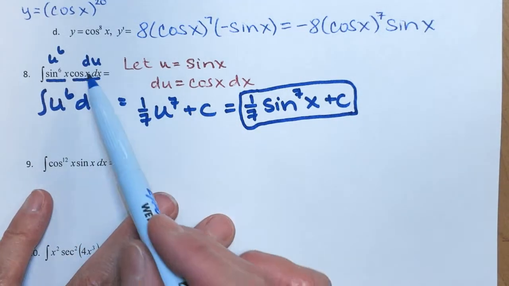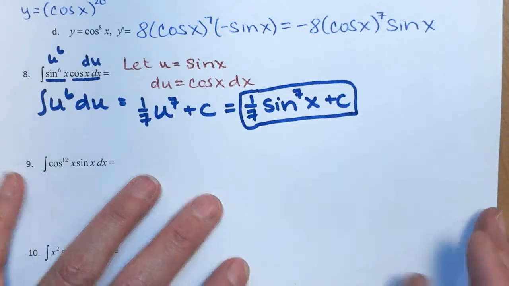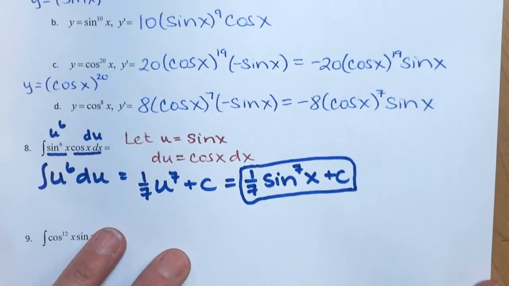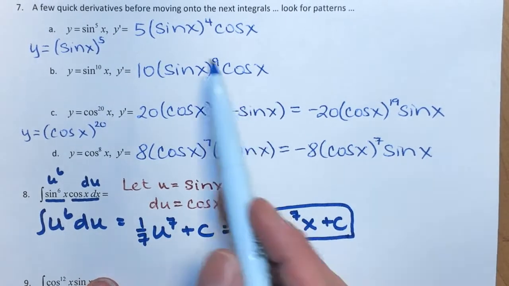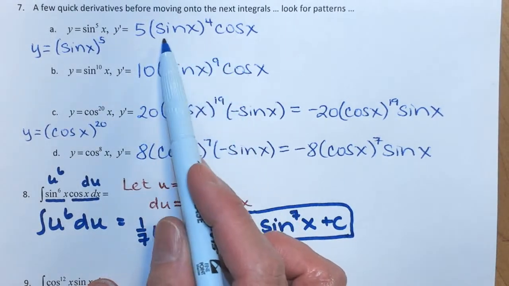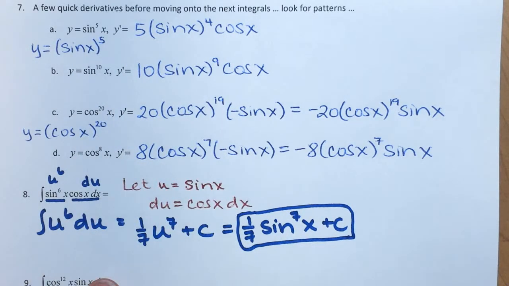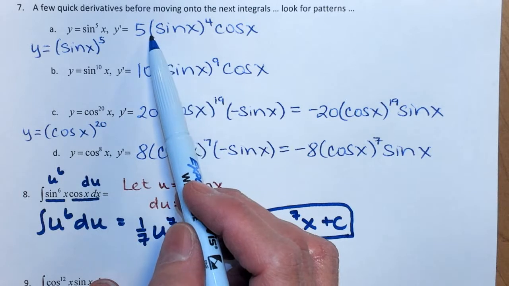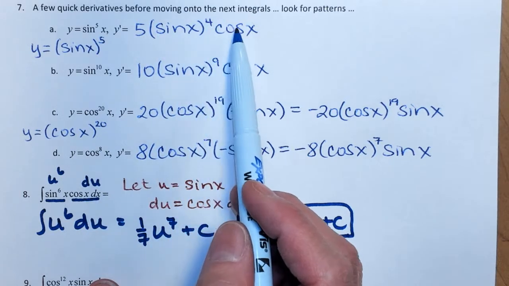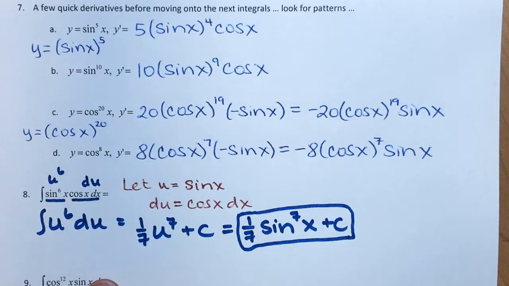The cosine x was part of the derivative, and that disappears when you integrate. If you look back up here at the pattern we had in number 7, if I integrate the right, I should get what I started out with. So if I integrate 5 sine x to the 4th cosine x, I should wind up with sine x to the 5th.